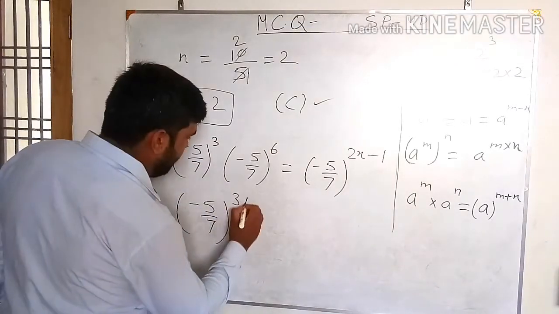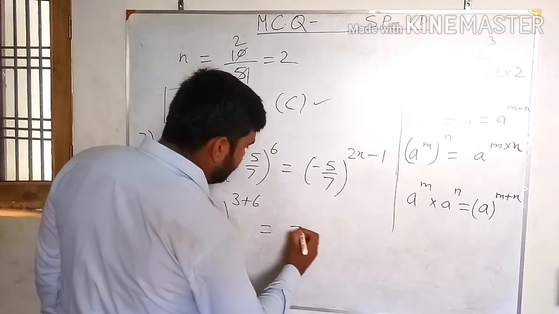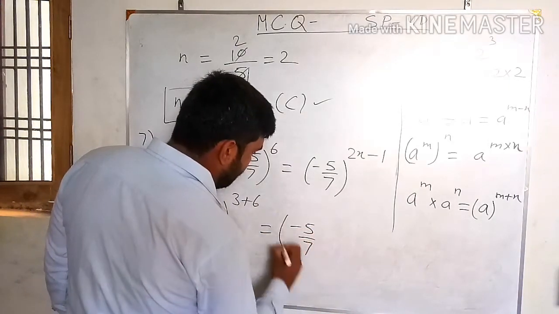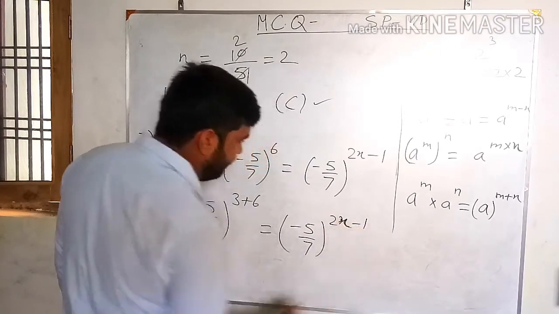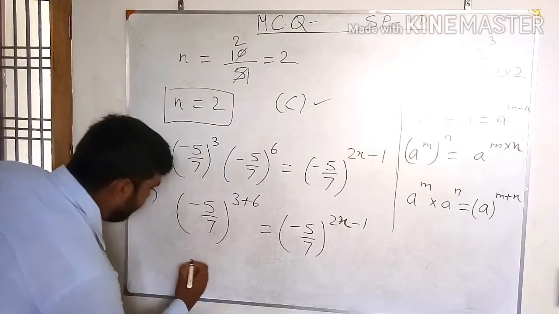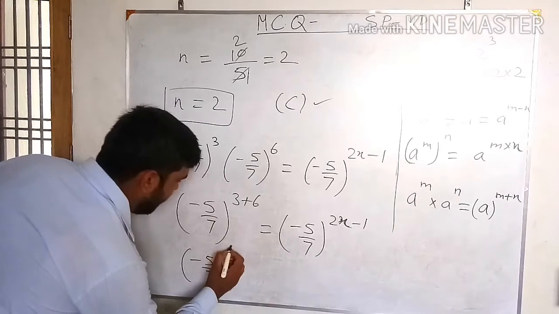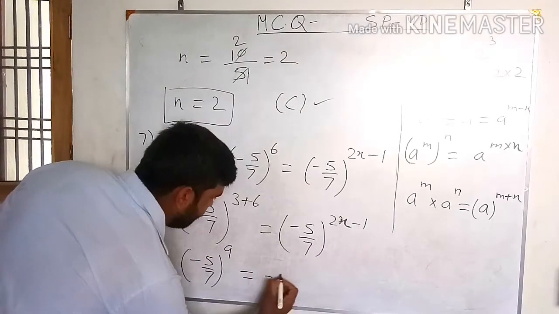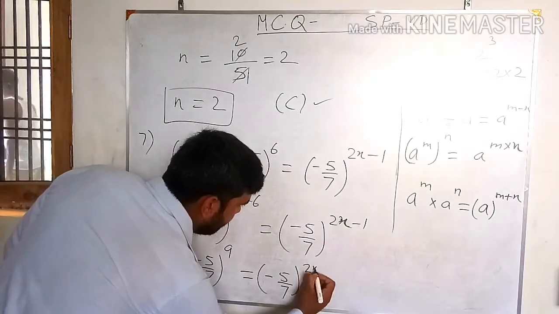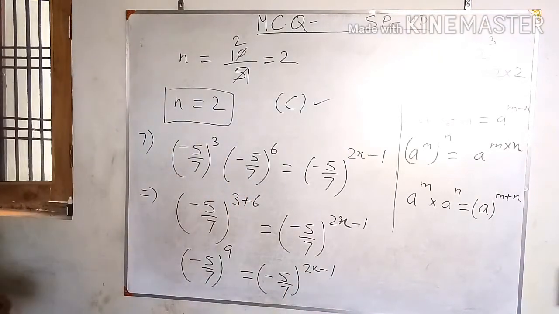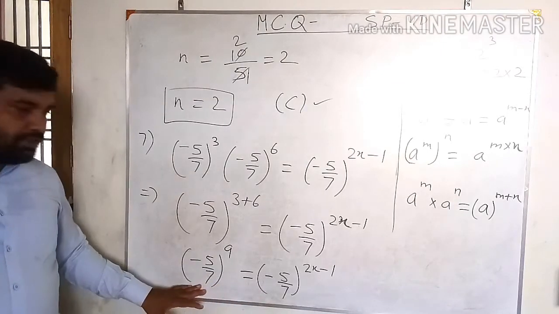So what will the value be? 3 plus 6. So minus 5 by 7 to the power 3 plus 6, which is 9, equals minus 5 by 7 to the power 2x minus 1 on the right hand side. Now the left hand side base is the same as the right hand side base.